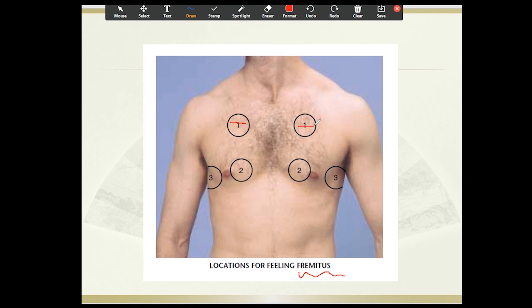Then we can feel the vibrations coming through the hands. So just make a pretty long sound. We still compare both sides, upper and lower, but pay attention here.